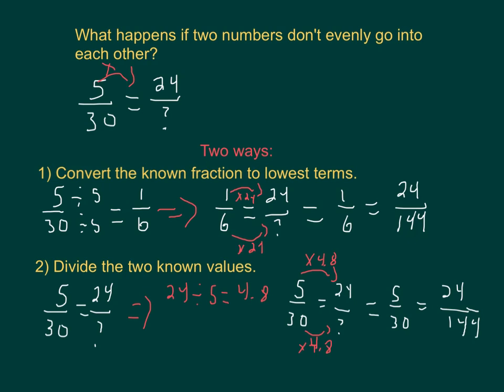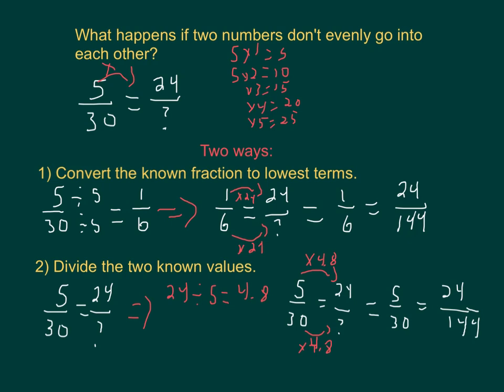Well, in this case, we don't know, because when we do our numbers, 5 times 1 is 5. 5 times 2 was 10. Times 3 was 15. Sorry about the messy writing here. Times 4 was 20. And times 5 was 25. Well, none of those are 24, so we know that it's not going to work nice and easy like we want it to. So how do we solve it in this case?